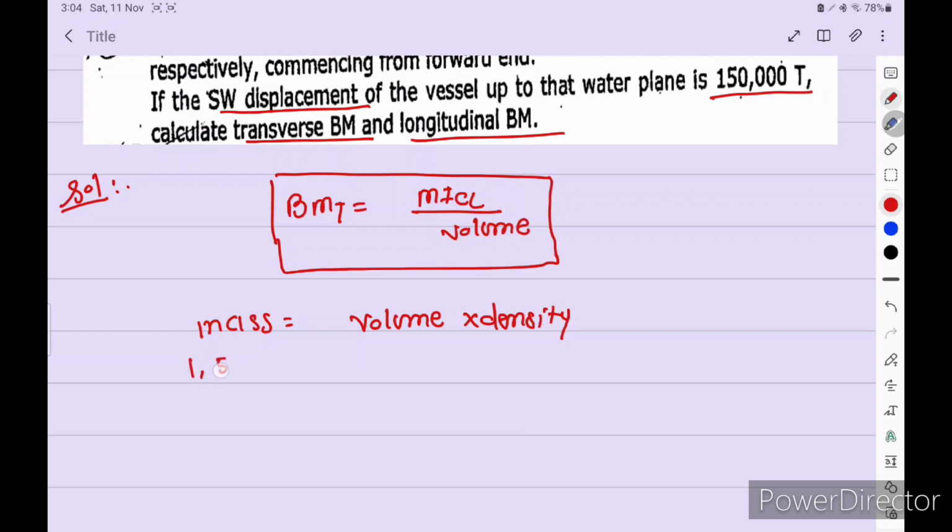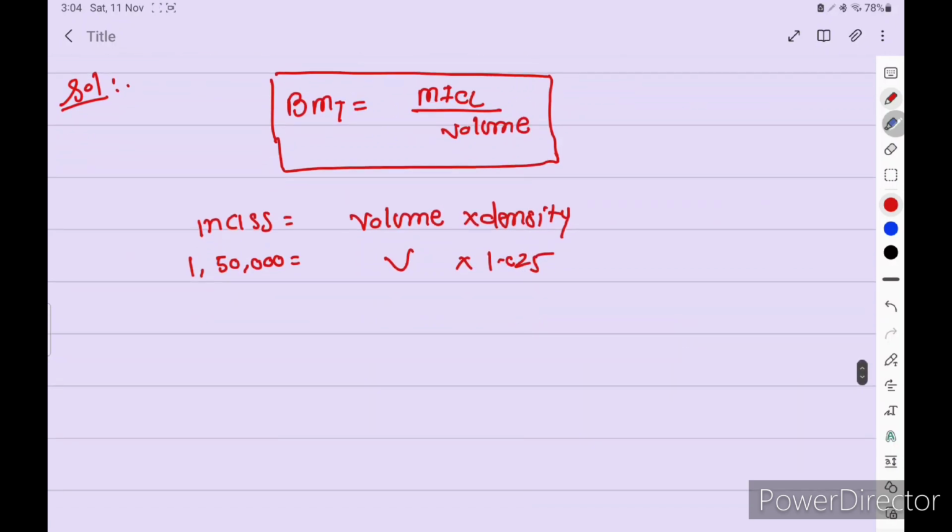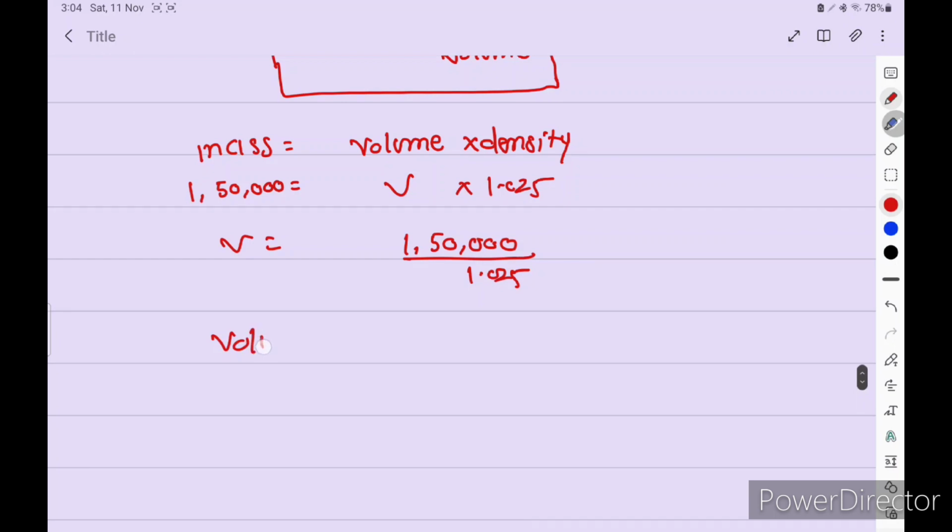Mass is given in the question, 150,000 tons. Volume we don't know, into density of seawater, 1.025. So V is equal to 150,000 tons divided by 1.025. So we get a volume equal to 146,341.46 meter cube.